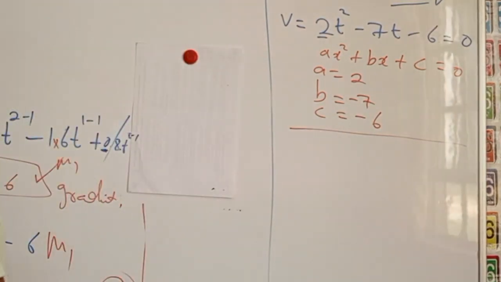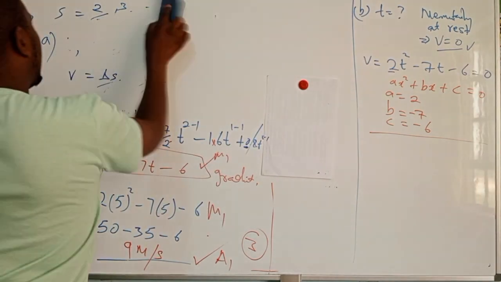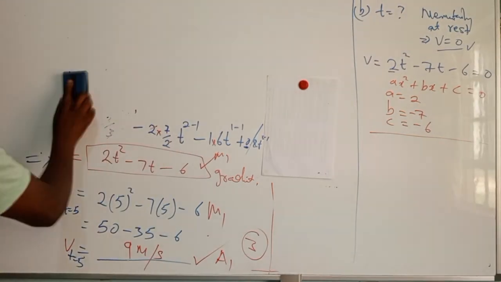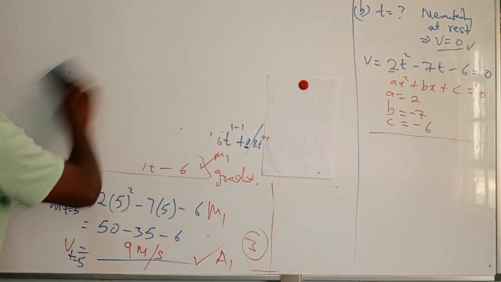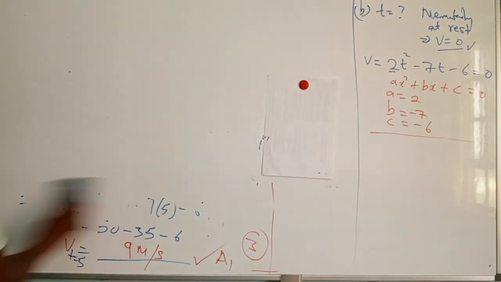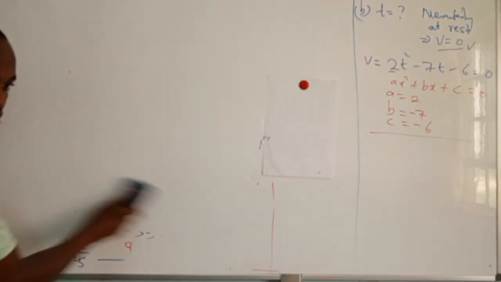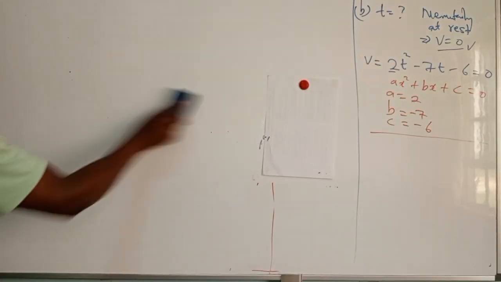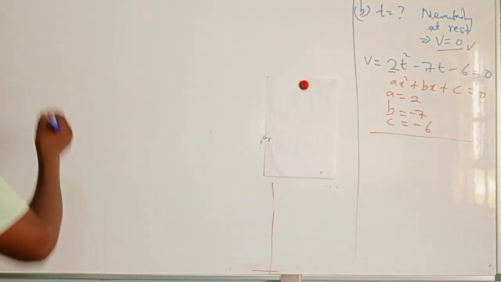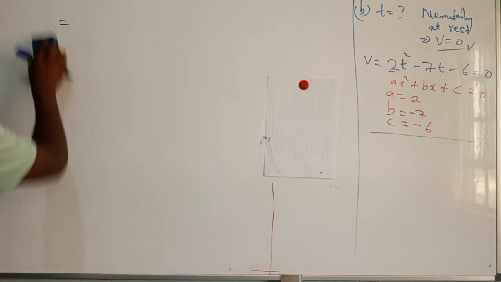And what is the formula? I think we can delete this side so that it is clear. The quadratic formula is given as x is equal to negative b plus or minus the square root of b squared minus 4ac. So you need to have this at your fingertips. In this case we are not looking for x, we are looking for t.